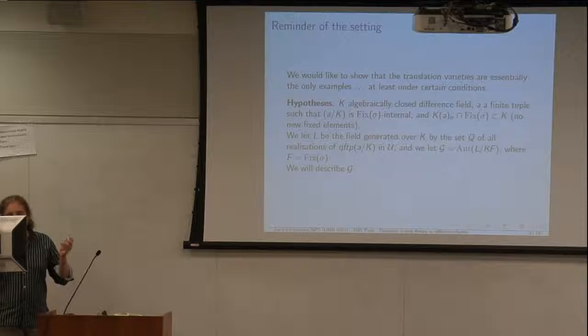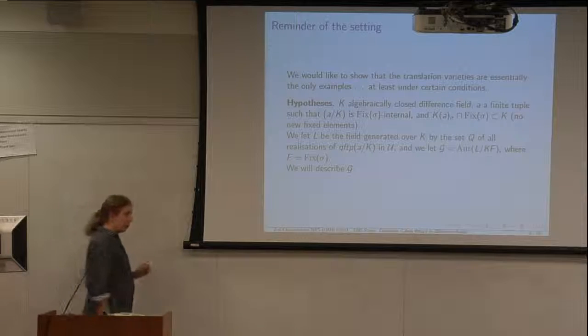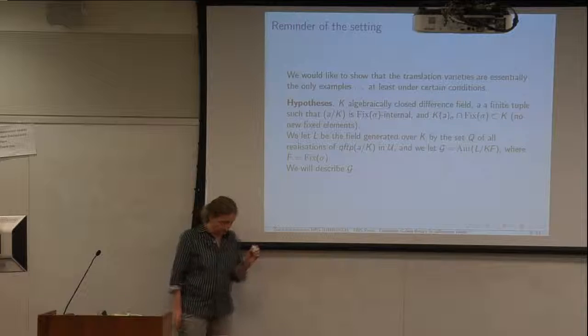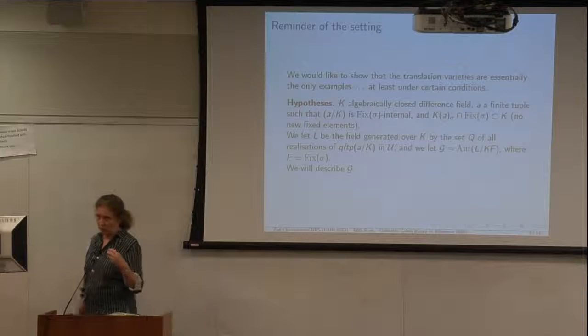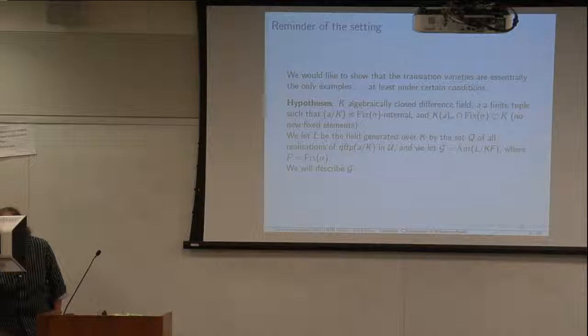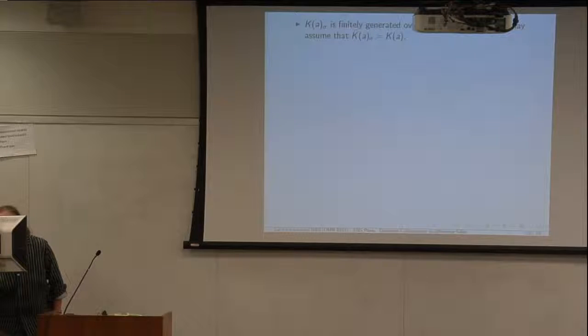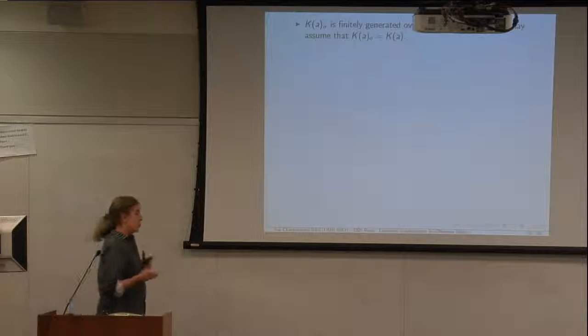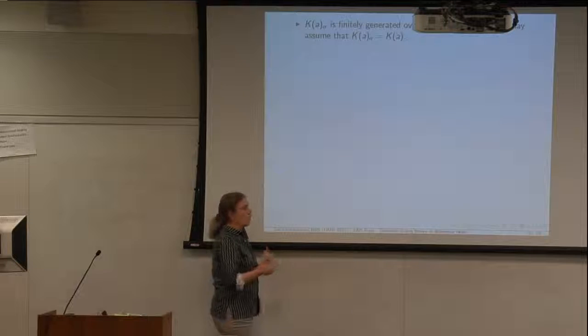And we look at the field generated by the set Q of realizations of the quantifier-free type of A over K, and we look at G, the Galois group of this, the automorphism group of this. So there are several things you can start to show.